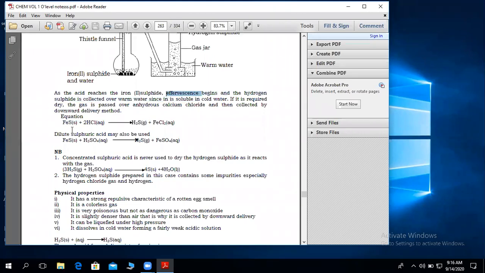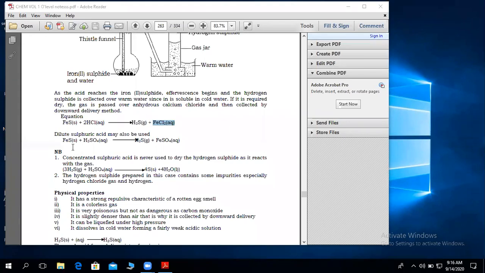So a black solid dissolves, forming effervescence of a colorless gas and a green solution. And a green what? Solution. The green solution is for iron 2 chloride. So take note of that. Even iron 2 sulfate is green.